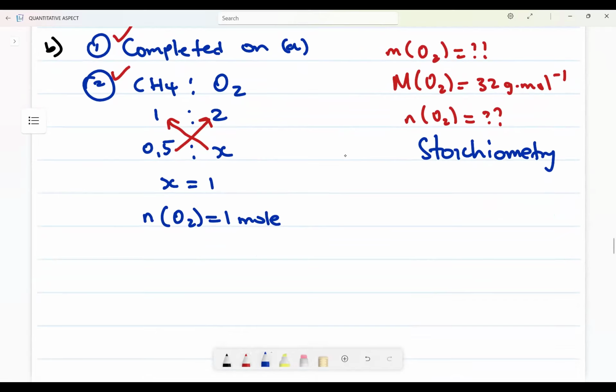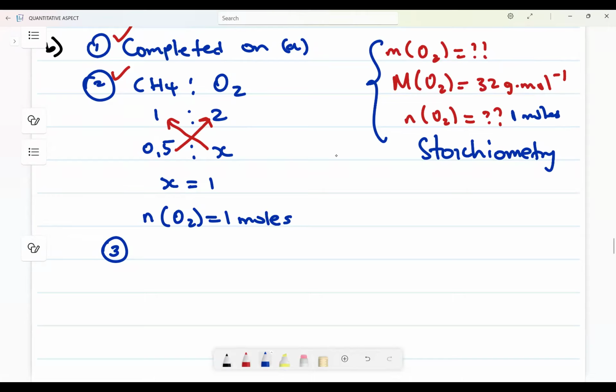Then I need to complete step number 3, which says what? I now know the number of moles of oxygen, which is 1. You can say 1 mole or 1 moles, it's fine. I am now in a position to calculate the mass of O2, because I have this. Step 3 says calculate the unknown.